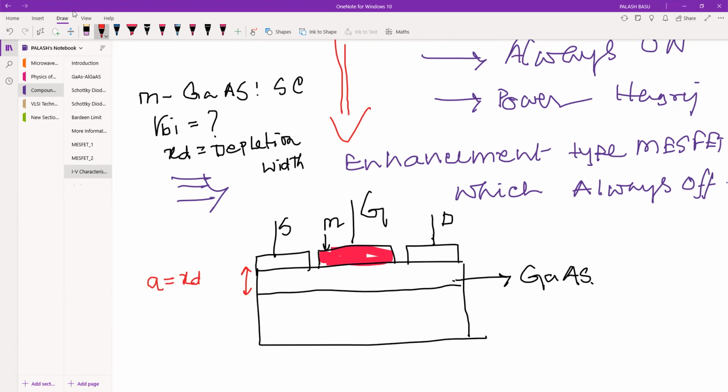Remember, I have not applied any voltage across the source, the gate, or the drain. I just found out my VBI, and since I know VBI, I found out XD. Once I know XD, I put that as my A. Then what will happen? The built-in potential is already there, and this built-in potential should lock my voltage.